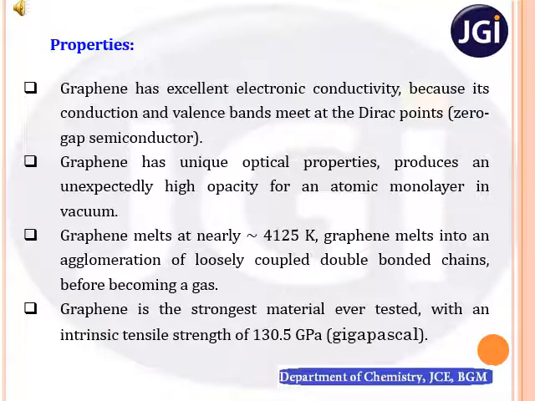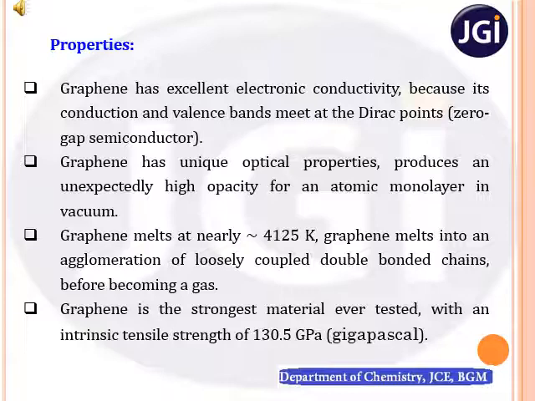Because of this reason, it finds application in the military. It acts as armor. It is also used in the body armor of military personnel because it can prevent the passage of a bullet. That kind of tensile strength it has. So these are some of the notable properties of graphene.